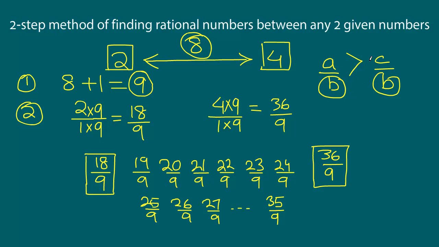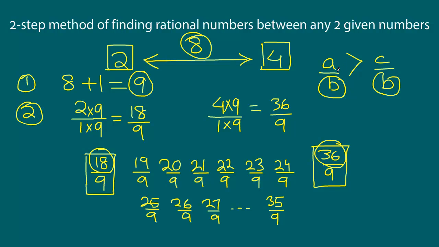And so we can find these numbers in between. All we did was keep the denominator the same, look at 18 and 36, and write numerators more than 18 but less than 36. So 19 over 9 will be between 18 over 9 and 36 over 9. 20 over 9 will be greater than 18 by 9 but less than 36 by 9, using the same logic.